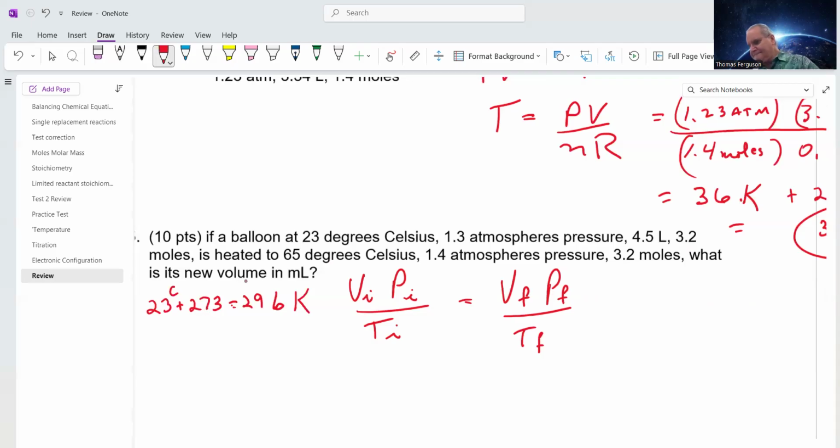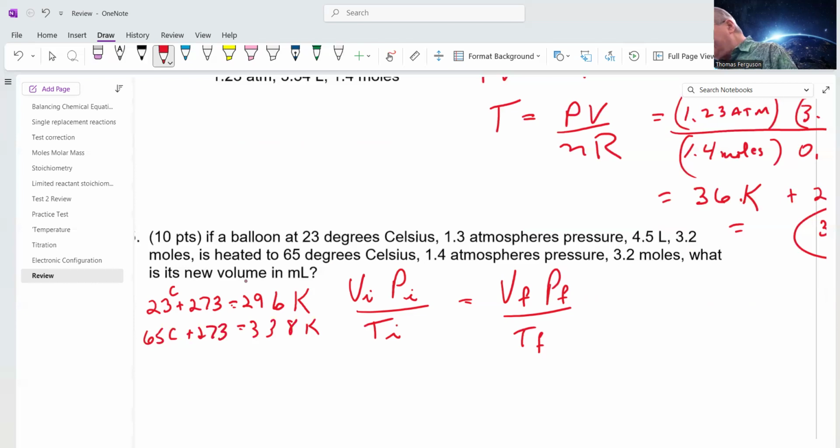Okay, so then we have 65, so that is 338, right? Yeah, okay. All right, so we have the two temperatures. Moles stay the same, so n cancels out.